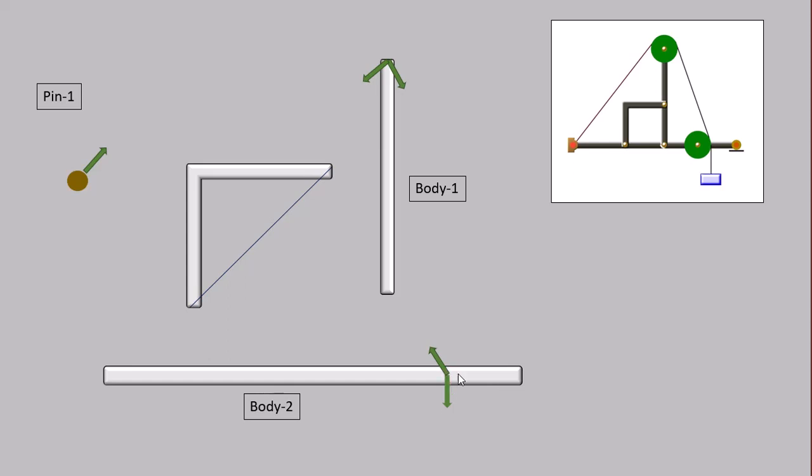At this pin, which is this pin, there are two tensions coming from these two segments of the cable, and this segment of the cable applies a tension at the complex pin here. Although this member is not straight, still it's a two-force member, so the two forces will be aligned with this line joining the 2 points of application.